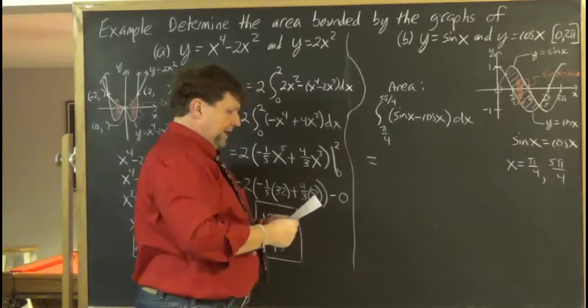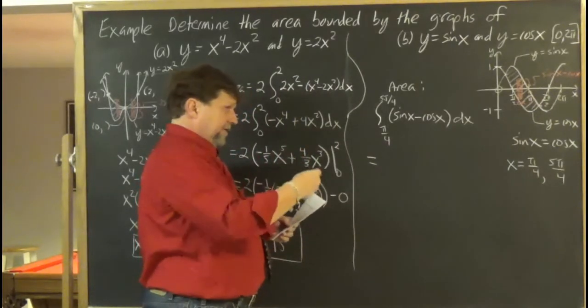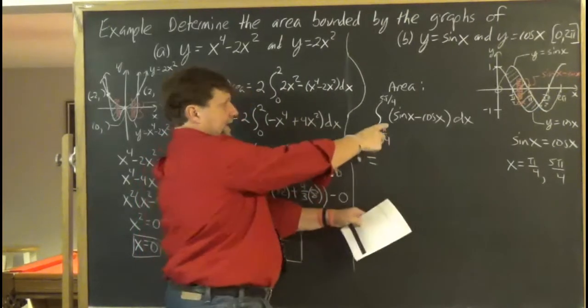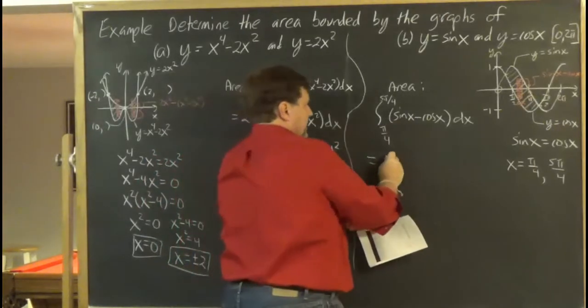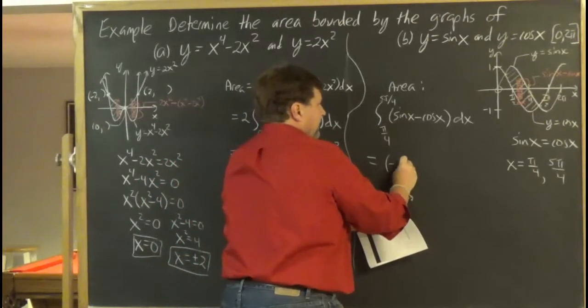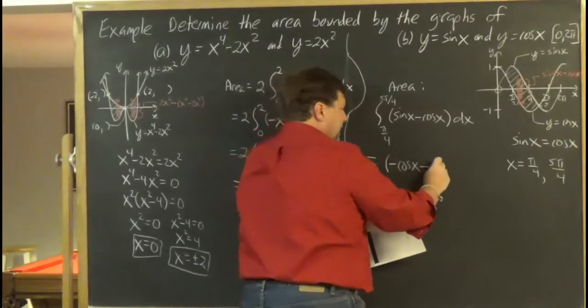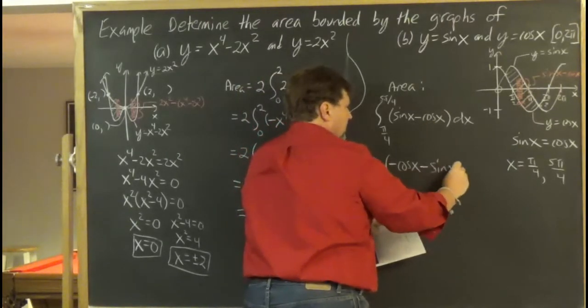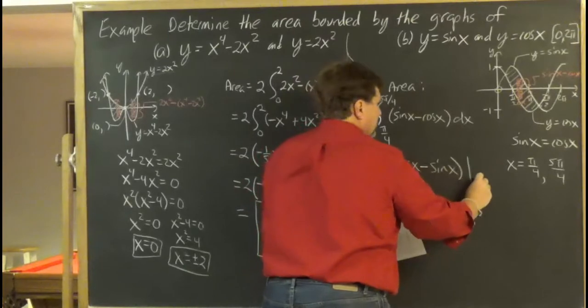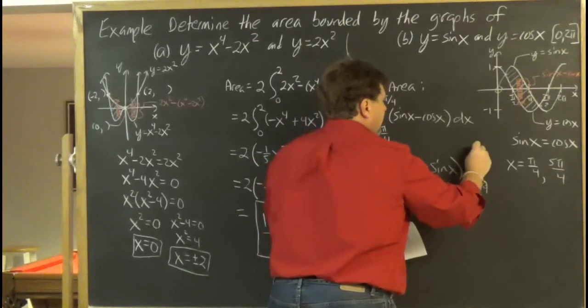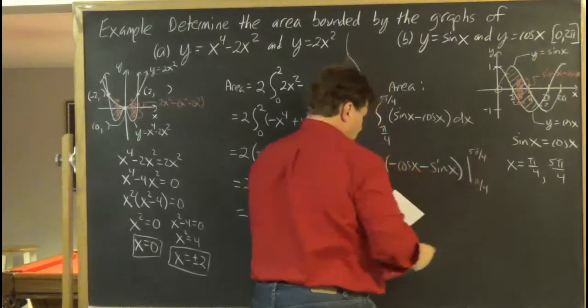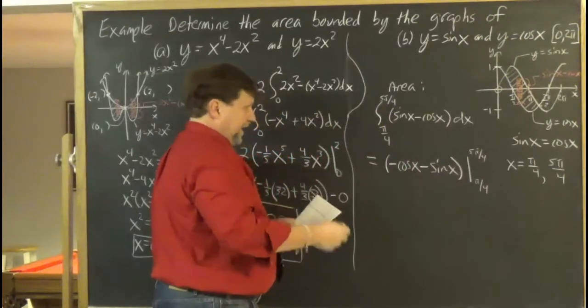All right, so I get an antiderivative for sine x minus cosine x. The antiderivative of sine x is negative cosine x. The antiderivative of cosine x is sine x. I need to evaluate that from pi over 4 to 5 pi over 4.